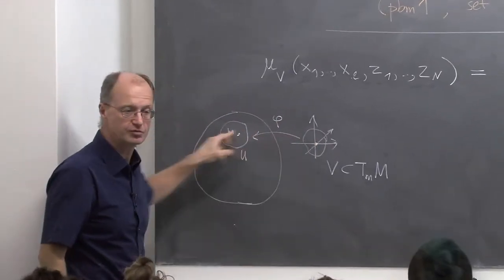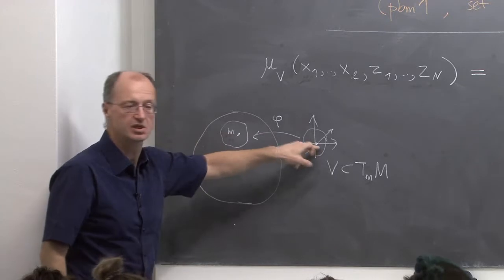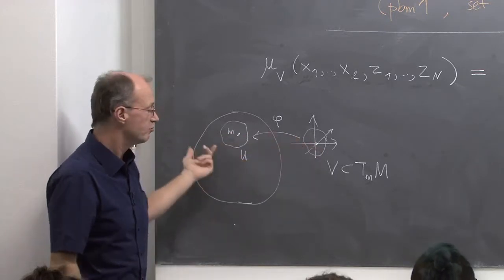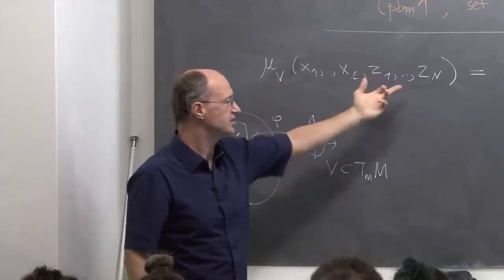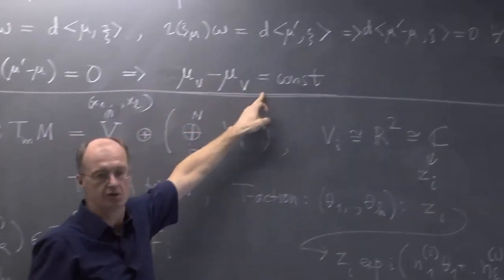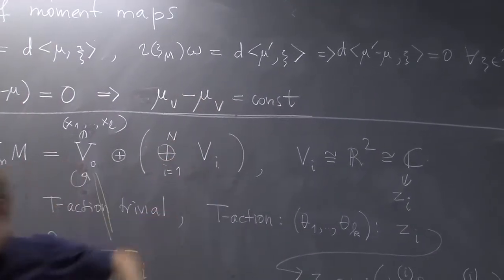So symplectic forms map to each other, actions map to each other. Moment maps don't necessarily map to each other because they are not unique, right?